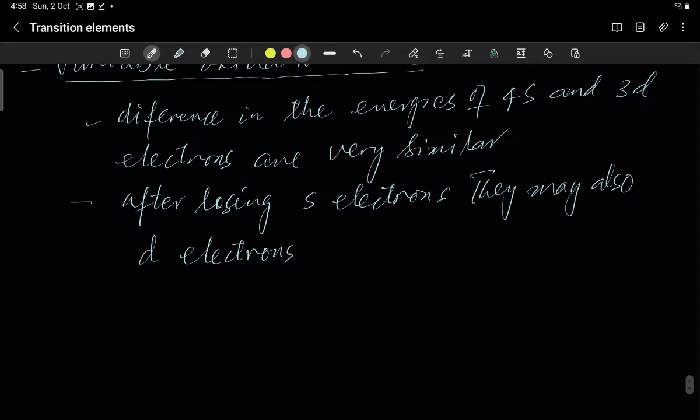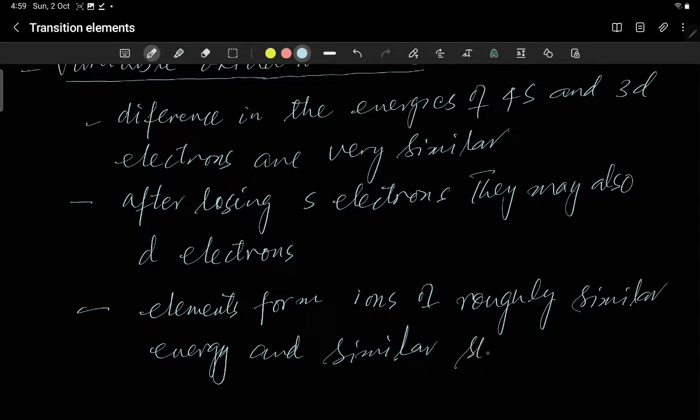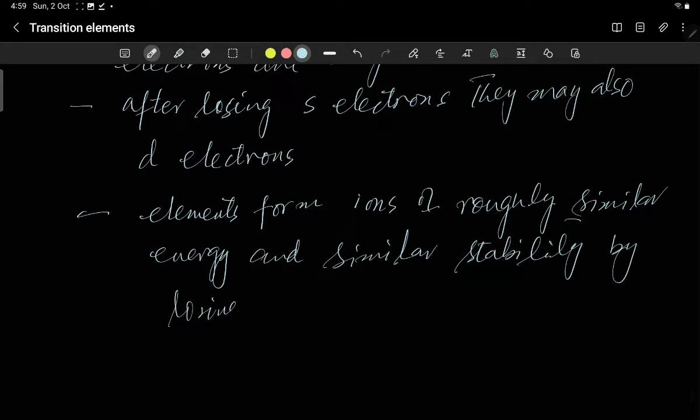In this way these elements form ions of roughly similar energy level and similar stability by losing 4s and 3d electrons.